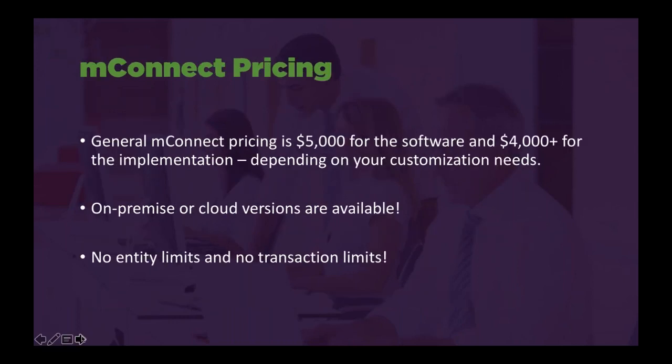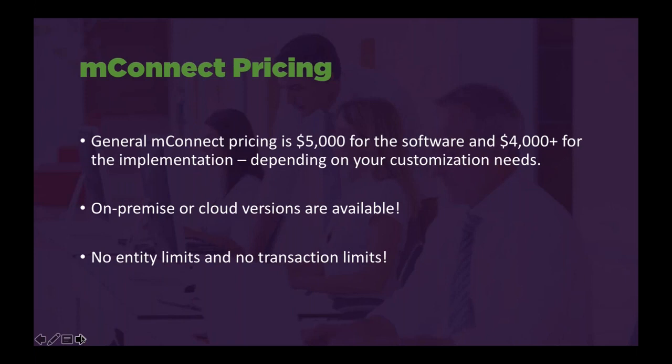So mConnect pricing, probably the question that's on everyone's lips. It's a little bit different depending upon whether you use the on-premise version of the integration versus the cloud. But in general, it's going to be about $5,000 for the software and $4,000 plus for the implementation.